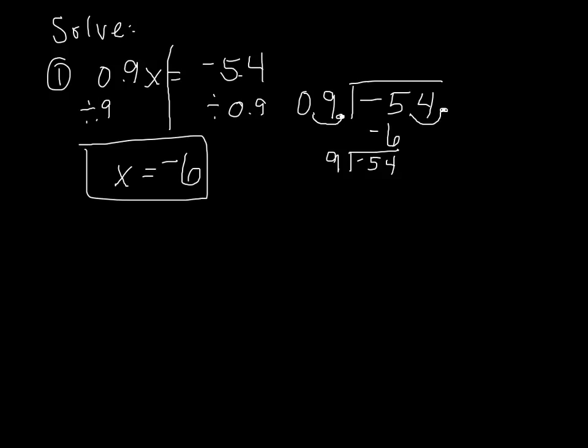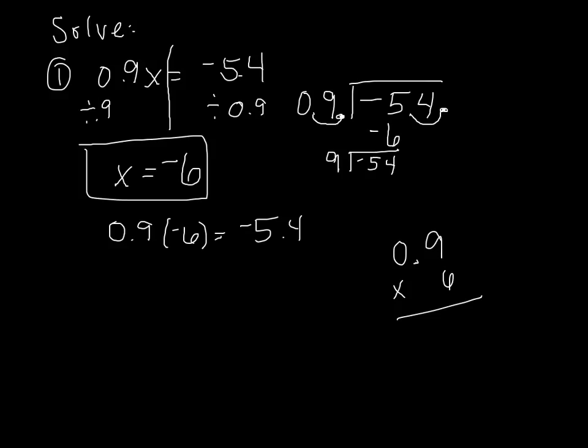Again, I can plug that back into my original equation. 0.9 times negative 6 equals negative 5.4. Okay, so if I do 0.9 times 6, we know our answer is going to be negative. 6 times 9 is 54. 6 times 0 is 0.